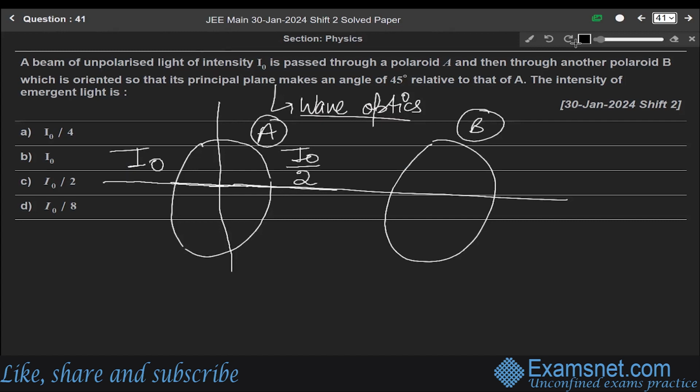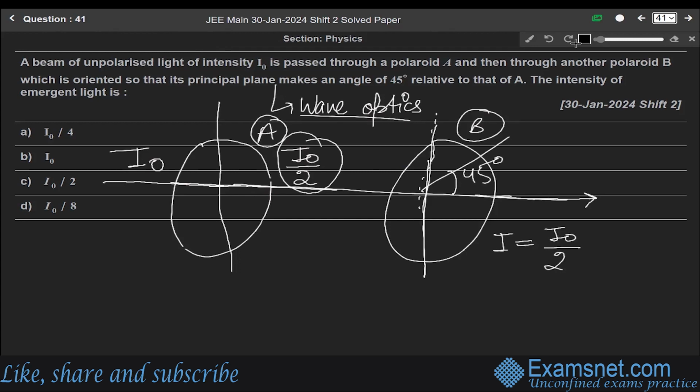So the question is asking about the intensity of the emergent ray passing through polarizer B. When the light ray passes through polarizer B, according to the question, it is making an angle of 45 degree. So its intensity will be I equals I naught by 2 cos square theta.